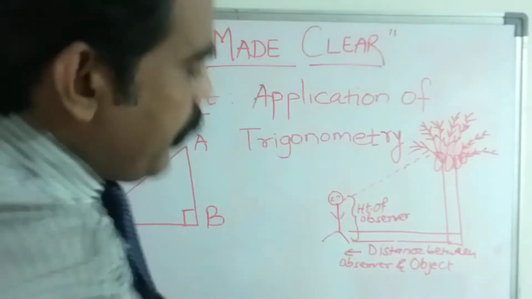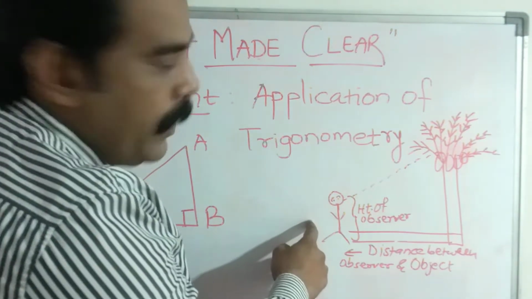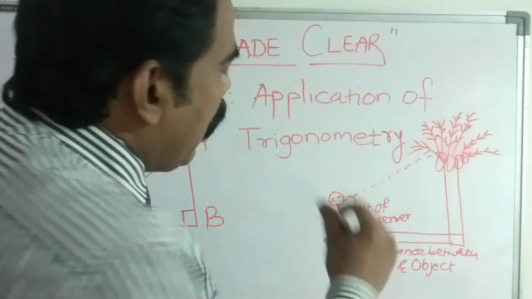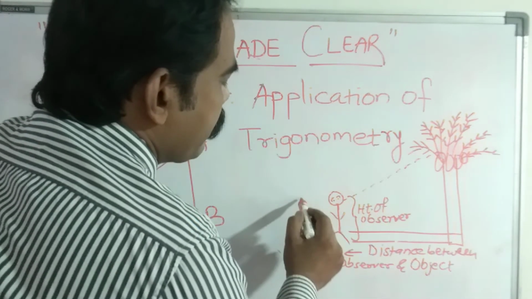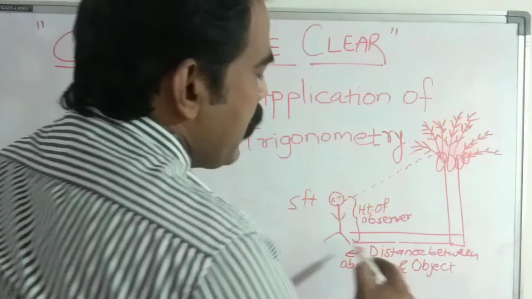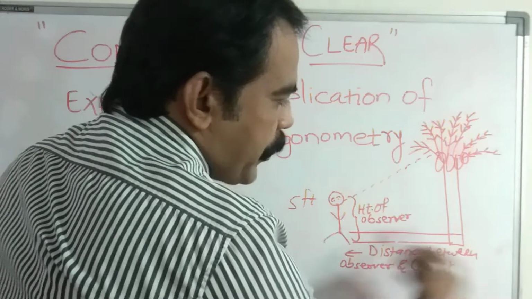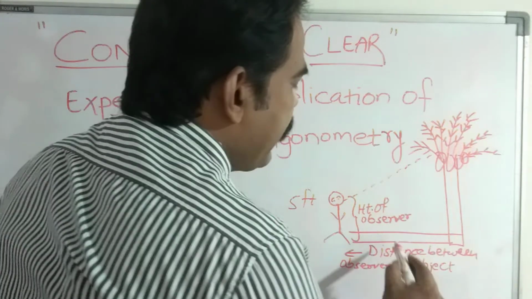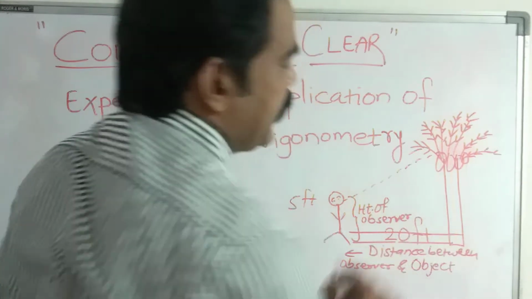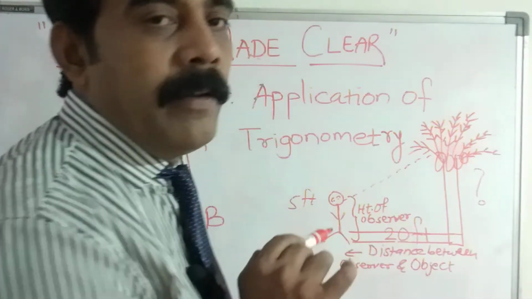So the height of the observer is known, say for example it is 5 feet, and the distance between the observer and the object is, say for example, 20 feet. Then we have to find the height of the object.